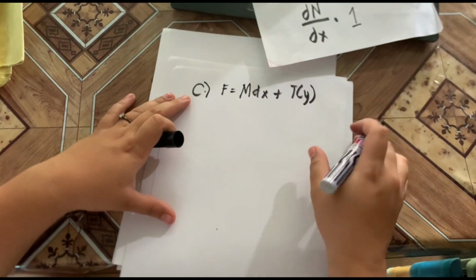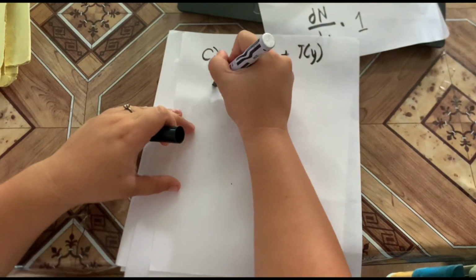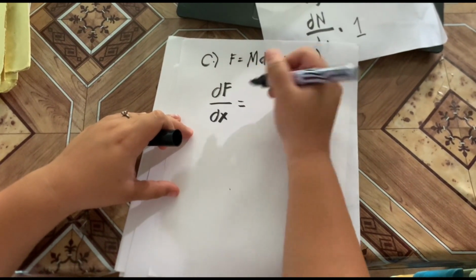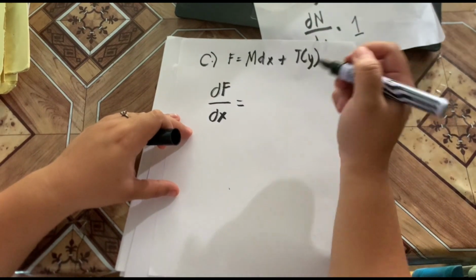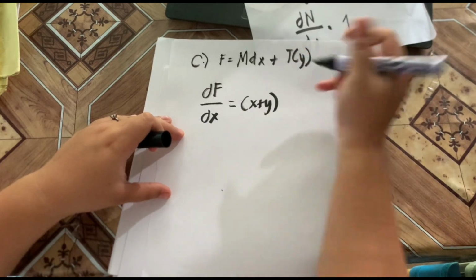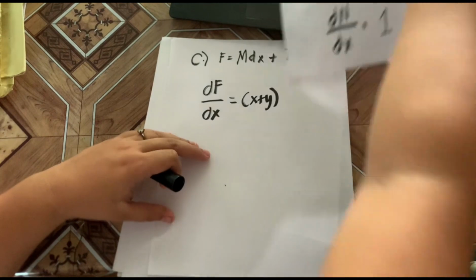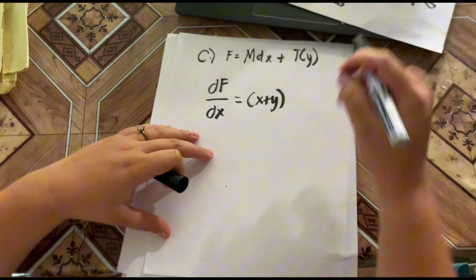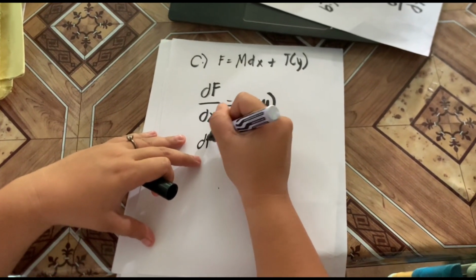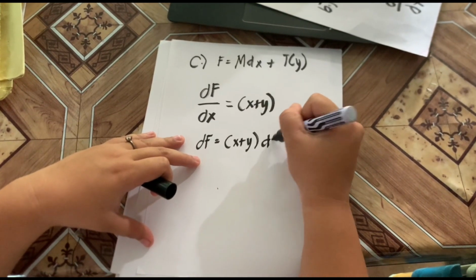So we have the partial derivative of f with respect to x is equal to M, wherein we all know that M is x plus y from the given. So using cross multiplication, we can now have the partial derivative of f is equal to (x plus y) dx.